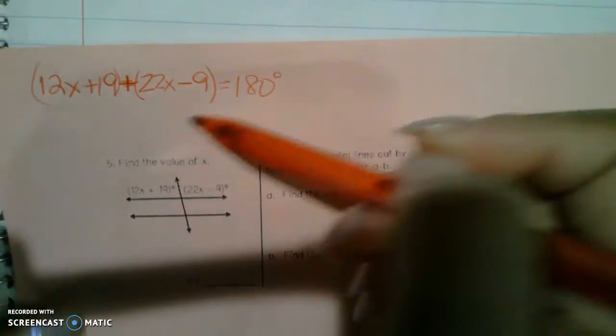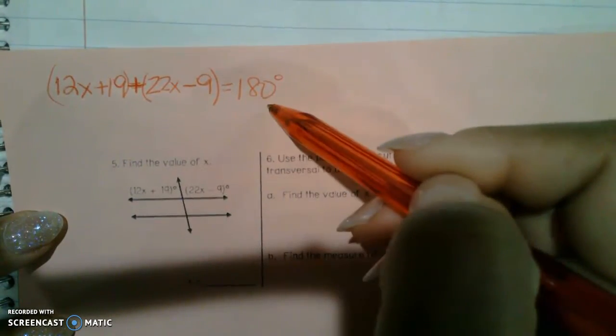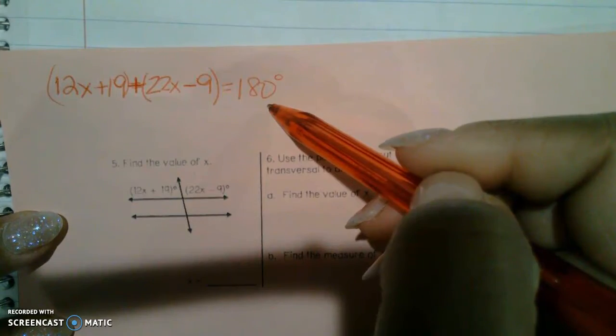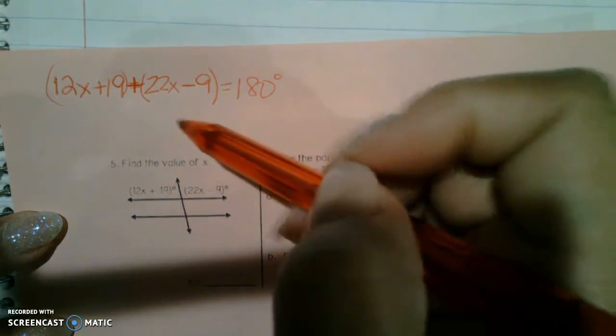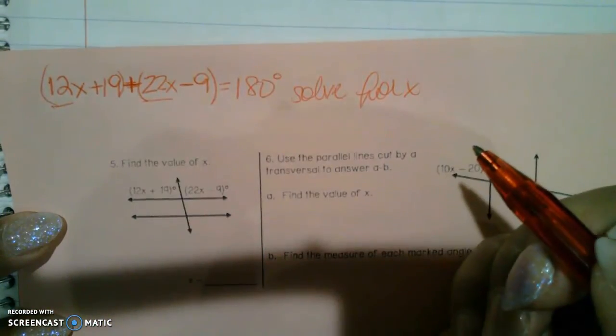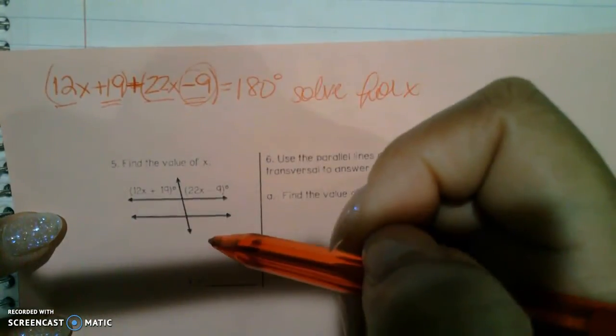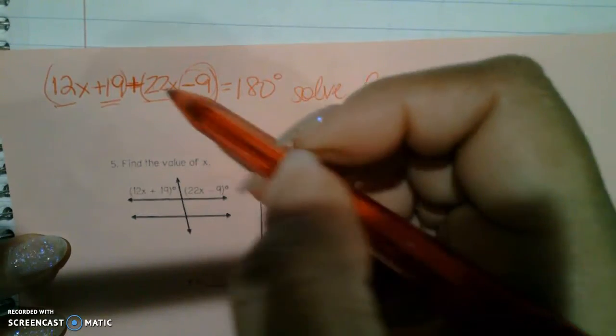All right, so now that I've set it up, I have this angle plus this angle equals 180 degrees. Now I'm going to solve for x. In order to do that, I need to combine like terms. So those x's need to be combined, and then these constants need to be combined. And don't forget that that is a negative 9, not just a 9.